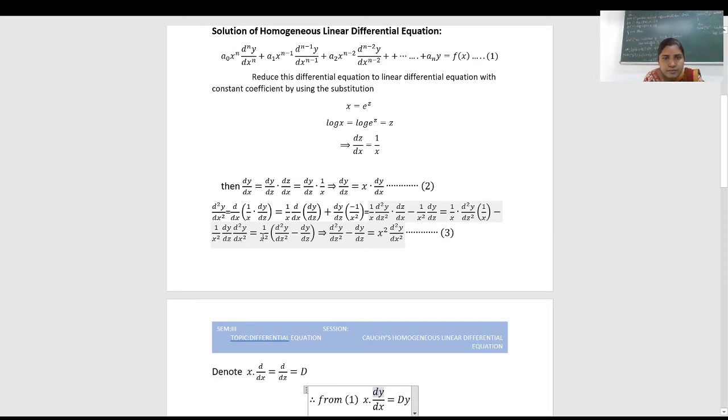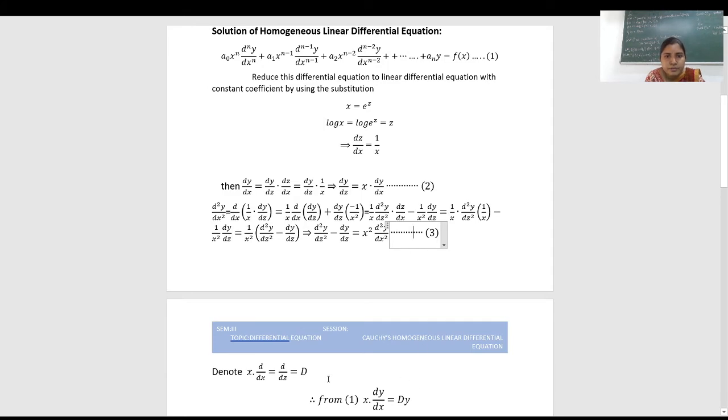That implies x² d²y/dx² = d²y/dz² minus dy/dz, taking x² to the left hand side. Consider that as equation number 3.